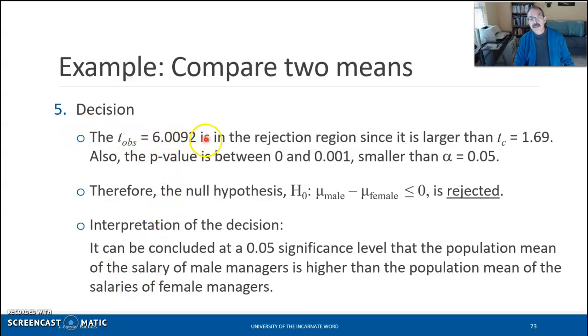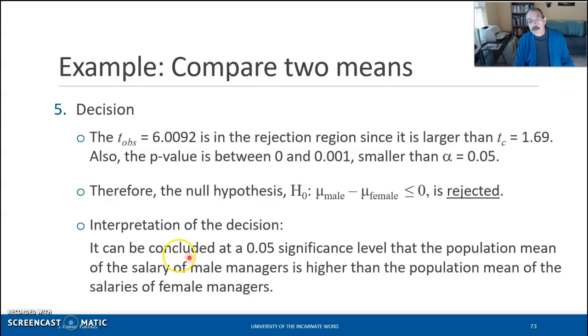And you see the t observed is much larger than the t critical, as we noted earlier. And the p-value is between 0 and 0.001, which is much smaller than 0.05, the significance level. So both of these conditions tell you that the null hypothesis that the two salaries are equal, or less than or equal, should be rejected.